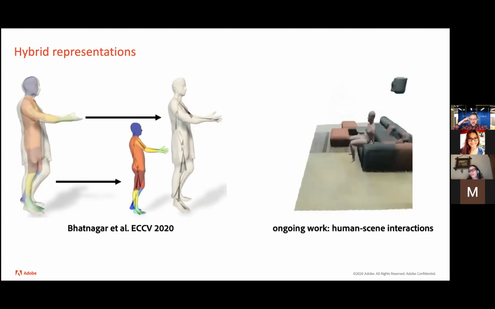In some ongoing work, we are also looking at these hybrid representations for modeling human-scene interactions. Again, for humans, we can use model-based representations, but for the scenes, since there might be a lot of variation, implicit functions might be a good choice. And having implicit functions also helps to model interactions, for example, the contact between the human and the scene. So moving forward, I think there is more work to do here in terms of using these hybrid representations and leveraging the best of both worlds.